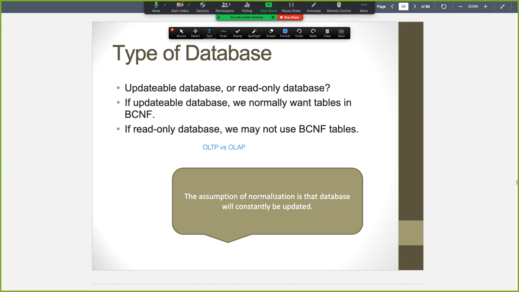You see that I'm typing two blue words. It's kind of small compared to the screen size, but OLTP versus OLAP. These two are terms usually used in business intelligence systems, right? Something that we build reports on. You have OLTP reports and OLAP reports.